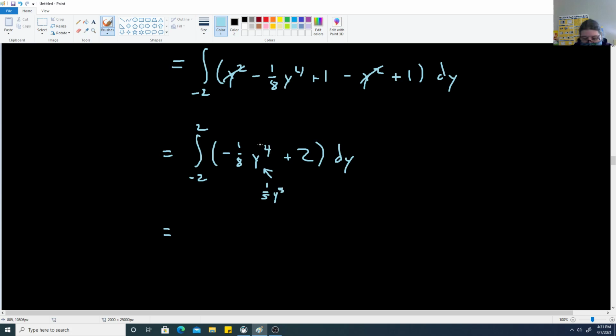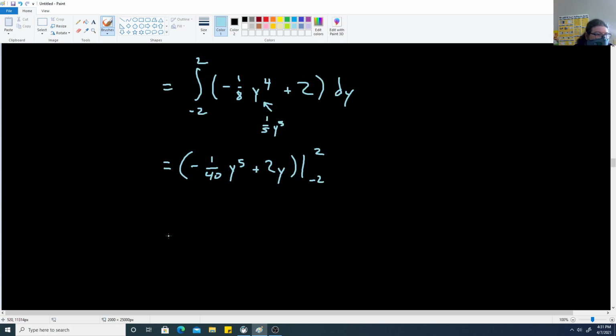The antiderivative of y to the 4th is 1/5 y to the 5th. So the 1/5 will multiply with the negative 1/8, and we'll get negative 1 over 40 y to the 5th plus 2y, evaluated from negative 2 up to positive 2.